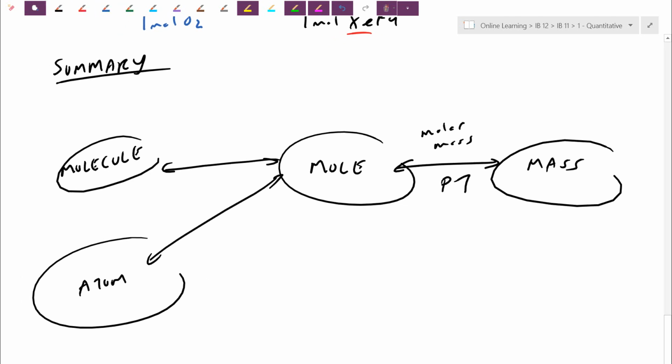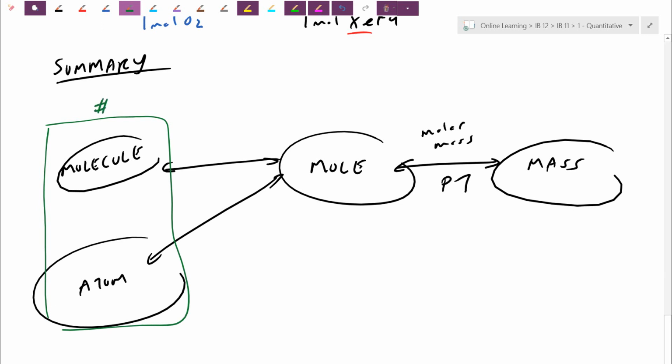The conversion that we've done so far, I have been writing this part as number. If the thing happened to be a molecule, 1 mole was an Avogadro number of molecules. If the thing happened to be an atom, 1 mole was still an Avogadro number, but that was for atoms.